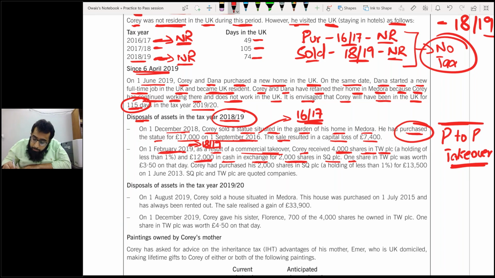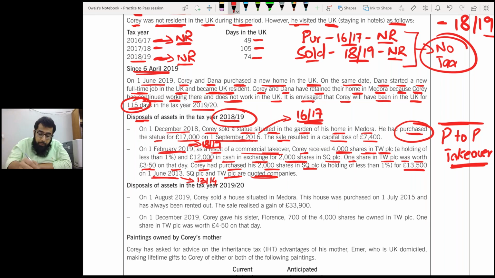One share in TW PLC was worth 3.5 pounds on that day. Corey had purchased 2,000 shares in SQ PLC for 13,500 on 1st June 2013. 1st June 2013 means 13/14, and SQ and TW PLC are quoted companies.